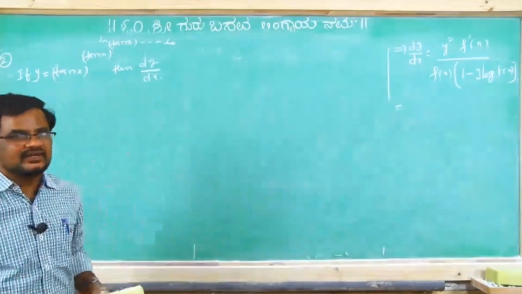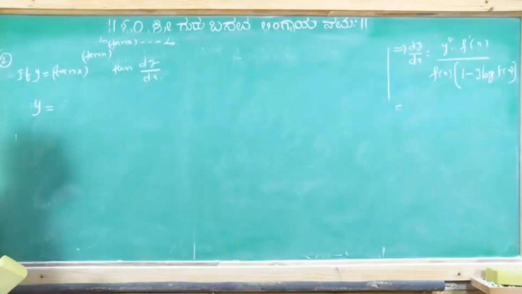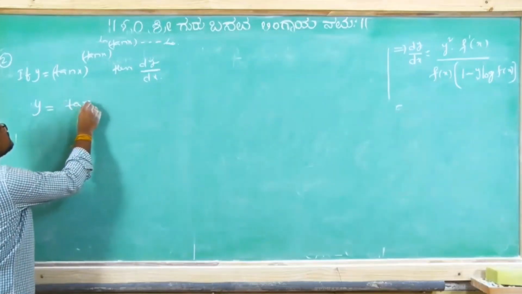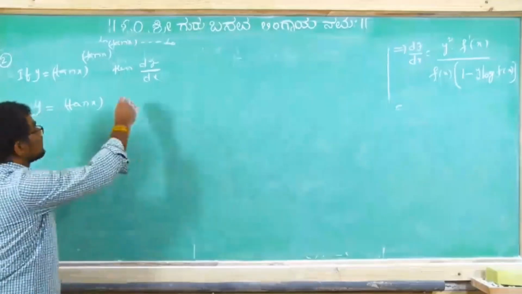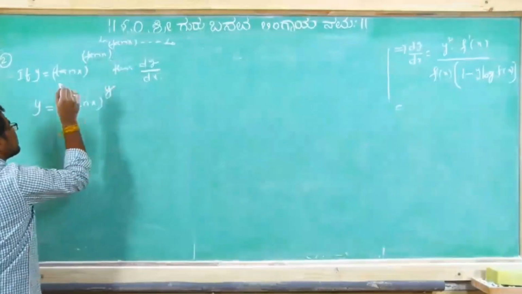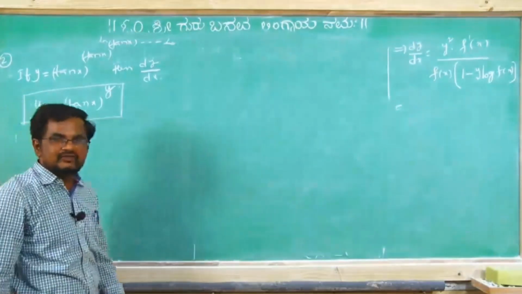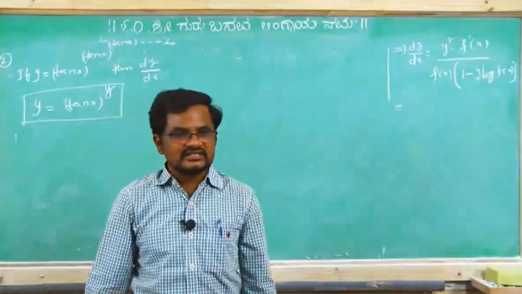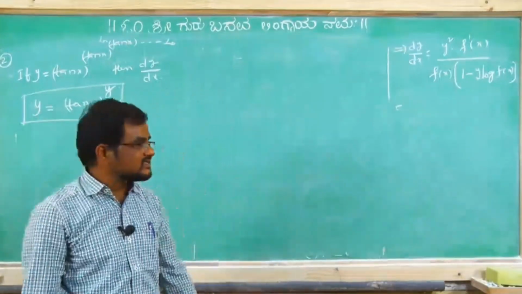Shortly I will explain this. y equals tan x, from where it is repeating. From here it is repeating, no? This one is y. Second step, taking log on both the sides and differentiating with respect to x on both the sides. That is the theory part.